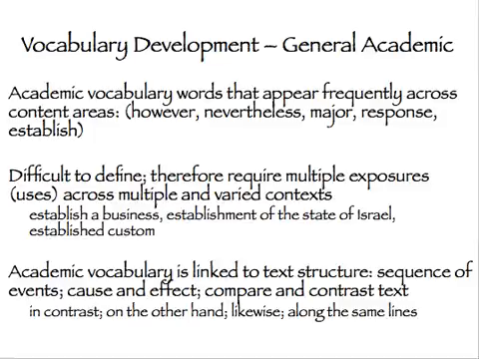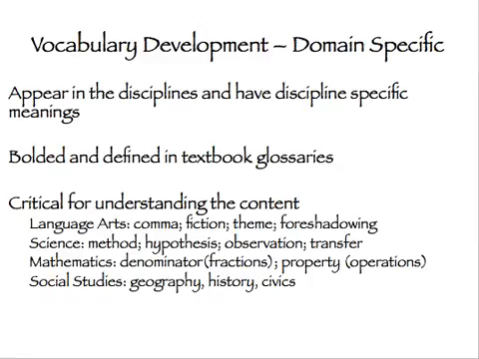And sometimes they're linked to text structure. So in other words, there are words that are specific to sequence of events: first, next, last, for example. And these are some examples of compare and contrast: on the other hand, likewise, along the same lines. This is what's considered general academic vocabulary.